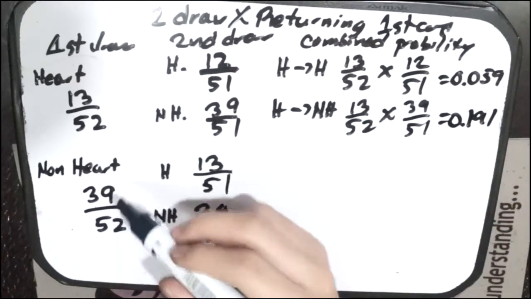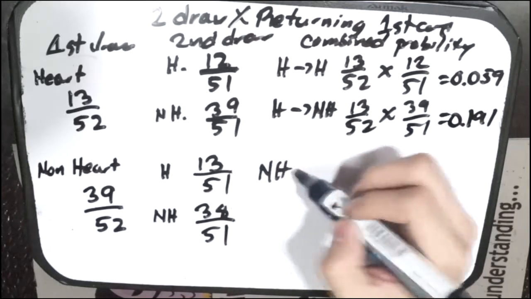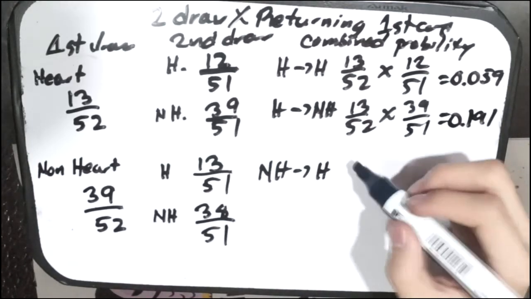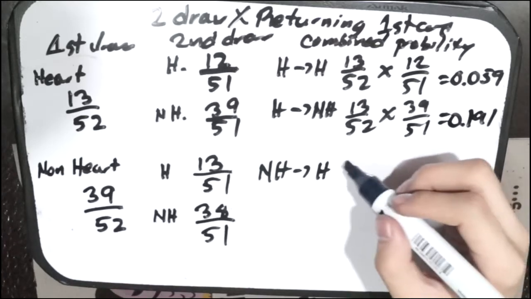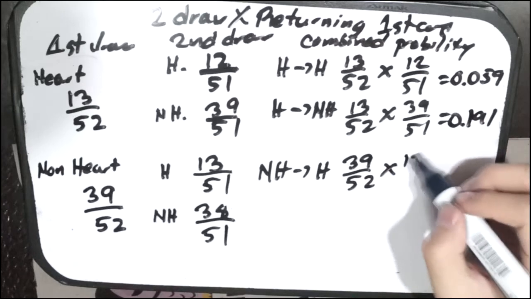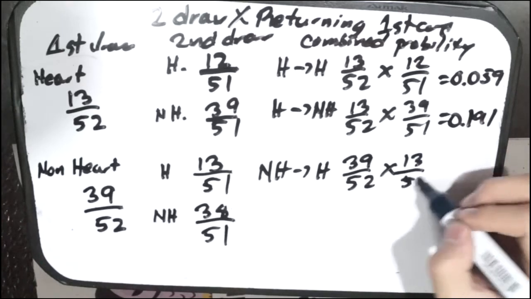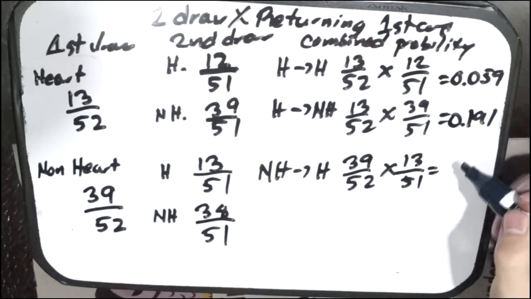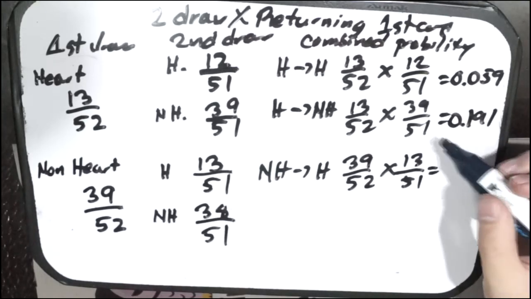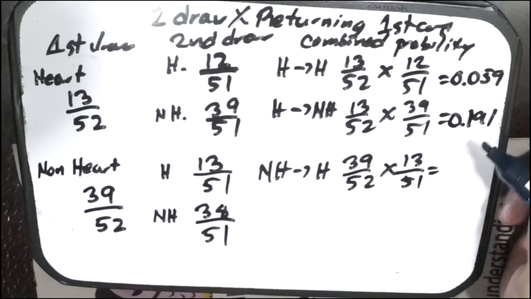If you drew a non-heart first and then a heart the second time, the possibility of that happening would be 39 over 52 times 13 over 51. And you'd notice it would be the same as drawing a heart first and then a non-heart the second.